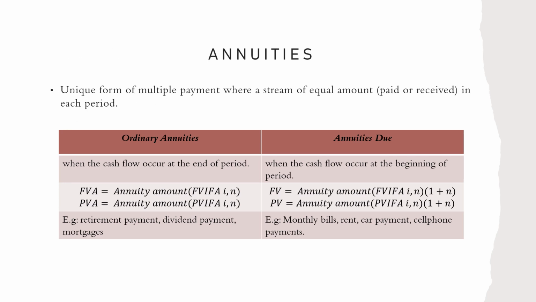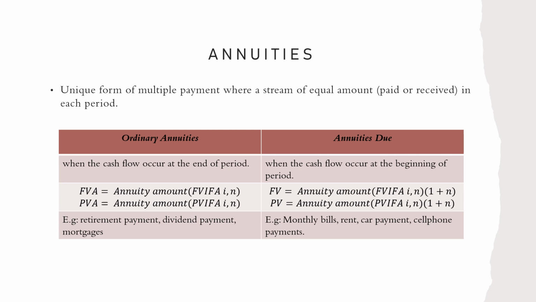Next, annuities. Annuities are a unique form of multiple payment where a stream of equal amounts is paid or received in each period. We have two types of annuities, that is ordinary annuities and annuities due. Ordinary annuities is when the cash flow occurs at the end of the period, such as retirement payment, dividend payment, and mortgage.